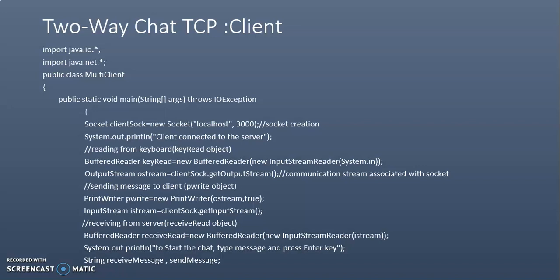The input stream instance iStream is actually opposite to the getOutputStream which we have discussed along with the output stream. So here we have the input stream, clientSock.getInputStream, so that you are receiving some data from the server.